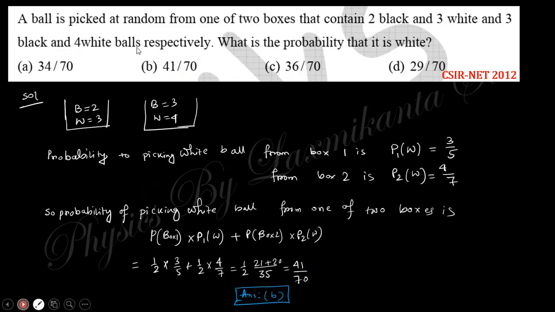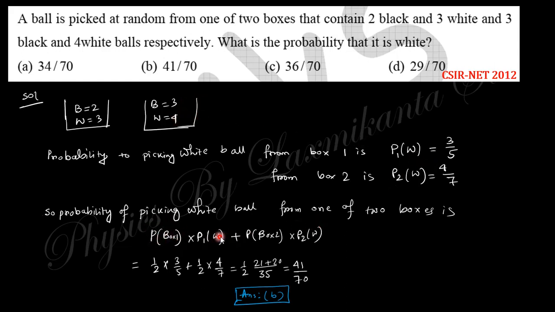Next one, a ball is picked at random from one of two boxes that contain 2 black and 3 white, and 3 black and 4 white. So there are two boxes, one contains 2 black and 3 white, another contains 3 black and 4 white. What is the probability that the ball is white? So you need to choose any one box, and you need to take the white ball from it. So the probability will be like that.